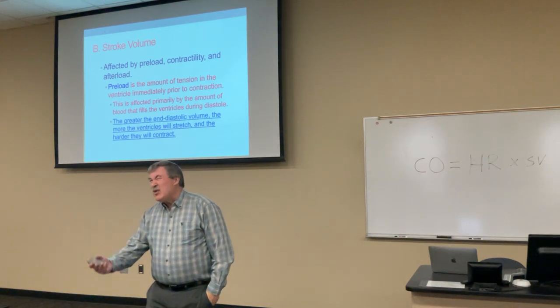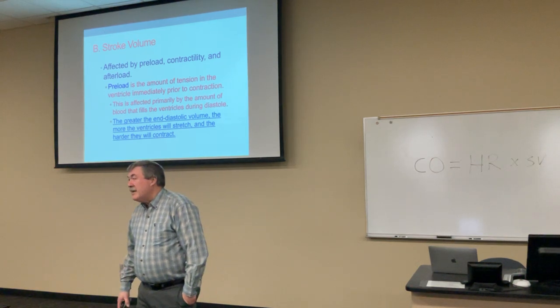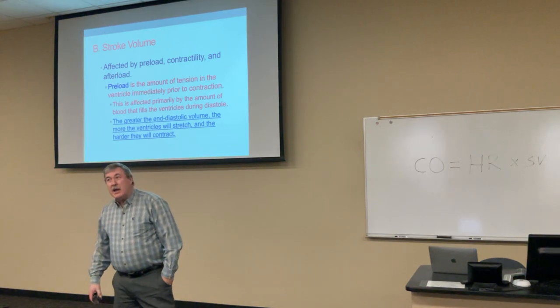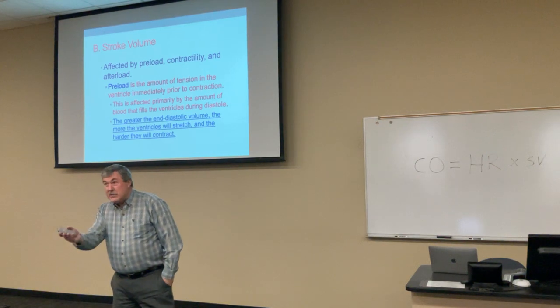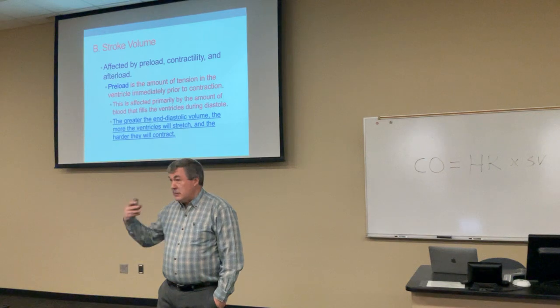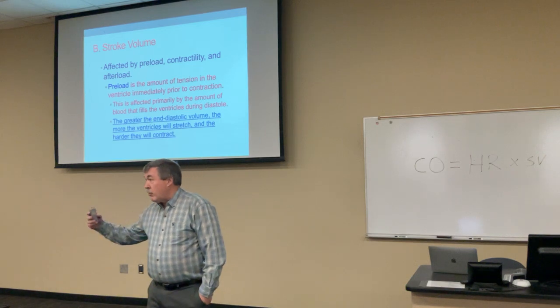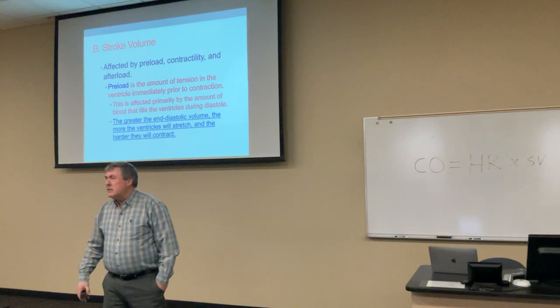It's not really a typical one though, and that might even be mediated through the autonomic nervous system, through the sympathetic division. That's one of the factors that can affect heart rate: autonomic stimulation of the heart, either by the sympathetic division, which speeds it up, or the parasympathetic division, which slows it down. Okay.